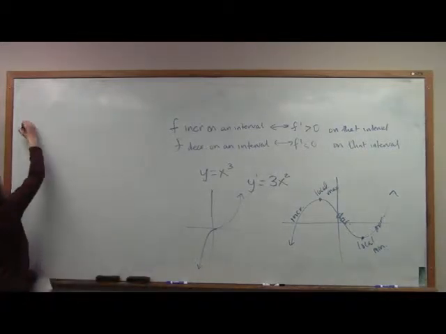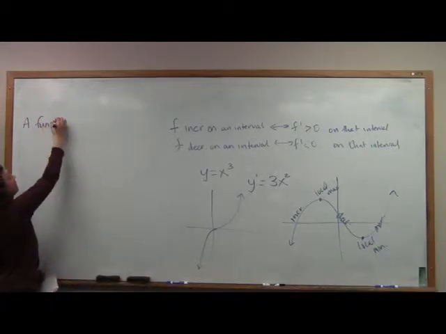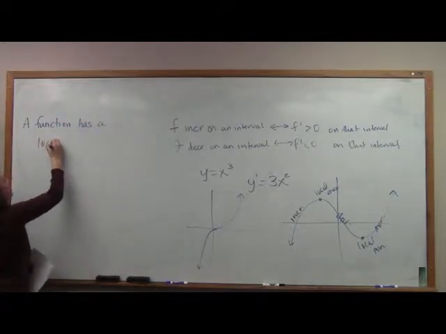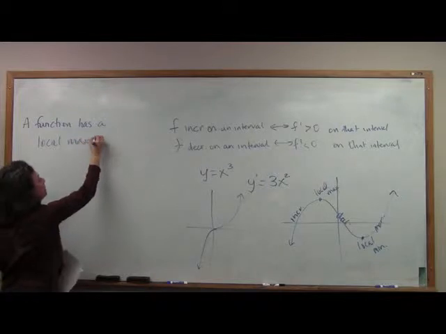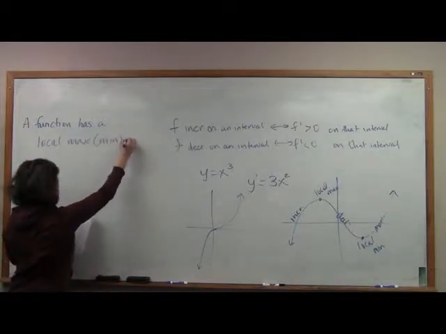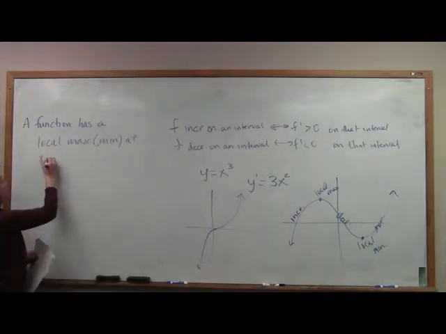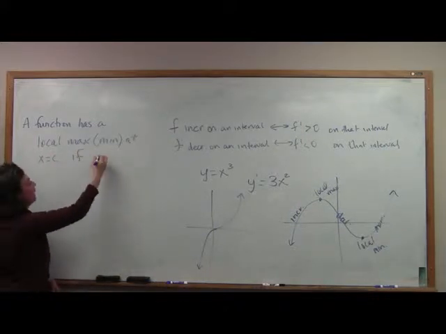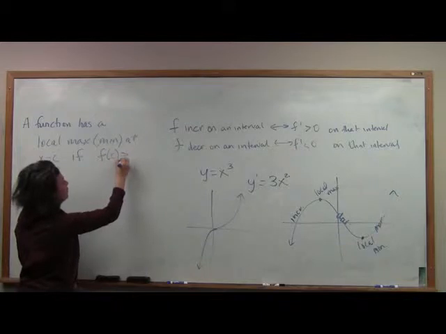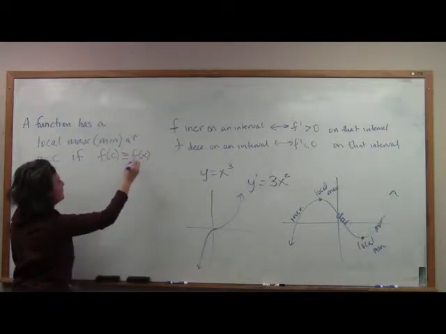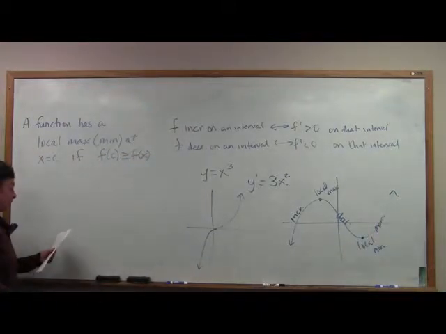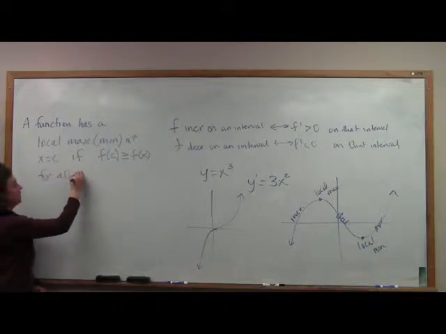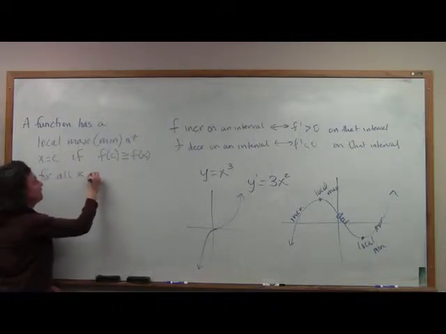A function has a local maximum or minimum at a point x equals c if, well, it has a maximum if my function value at c is greater than or equal to all function values for all x near c.